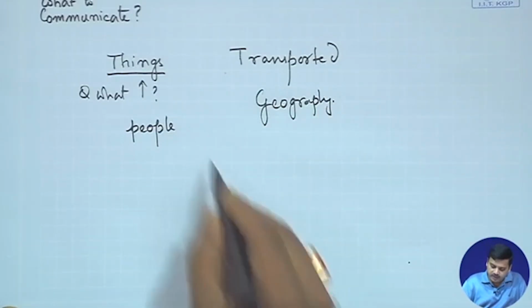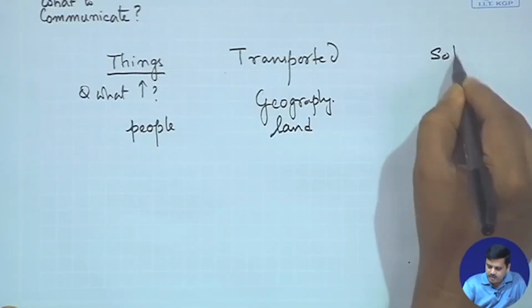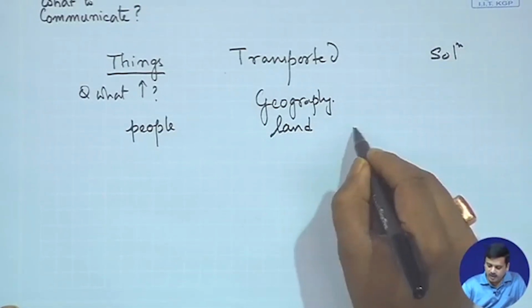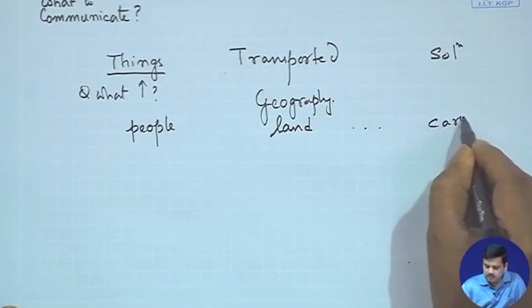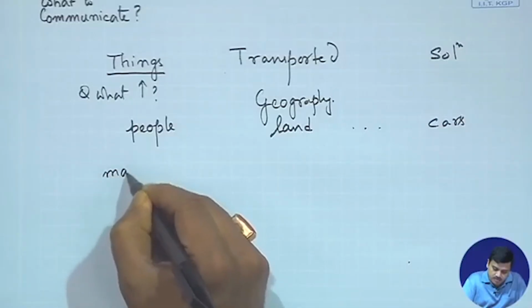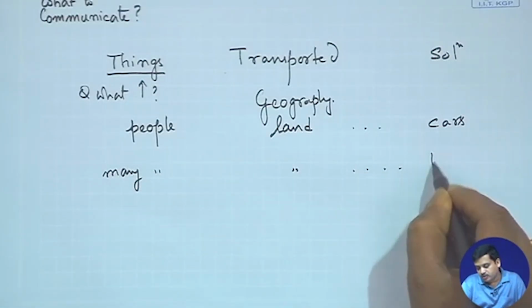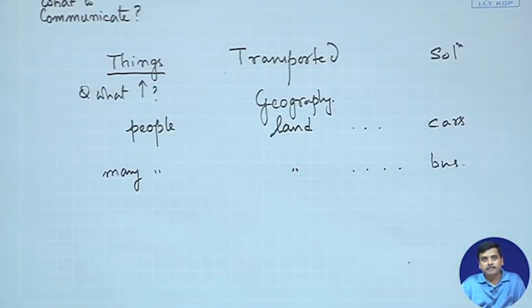If we say it is transported over land, then for the solution we could say you can go for cars. The next question could be, if you are transporting people, how many people? Your answer could be many people, it is still land, and your solution could be a bus.